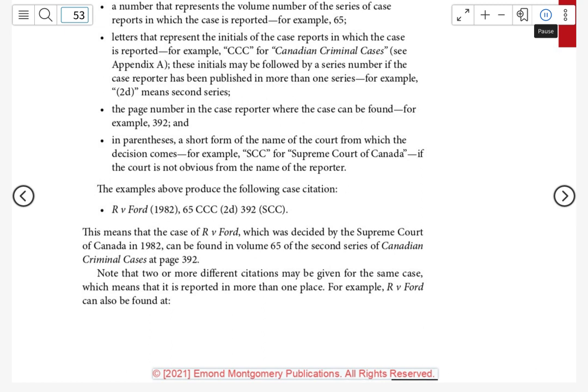This means that the case of R. v. Ford, which was decided by the Supreme Court of Canada in 1982, can be found in Volume 65 of the second series of Canadian Criminal Cases at page 392.